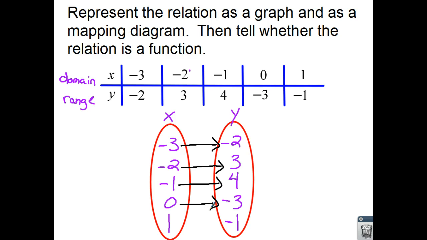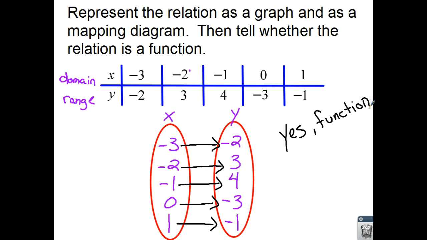Input 1, output -1. So you're going to notice here, if I'm following my definition, each x is paired up with only one y, and you can see that with one arrow going to the y's. So I would say that this relation is a function. So yes, it is a function.